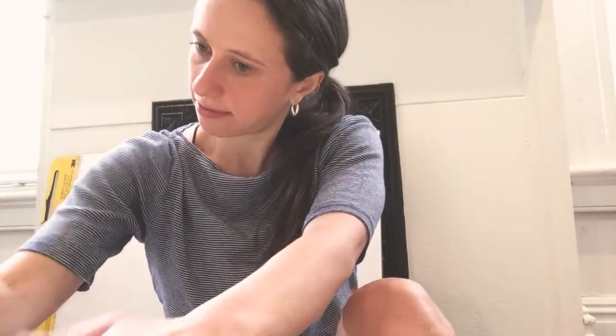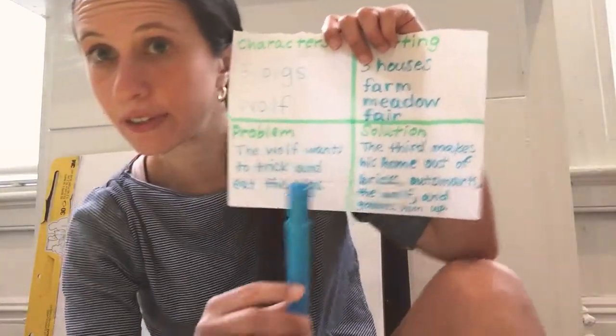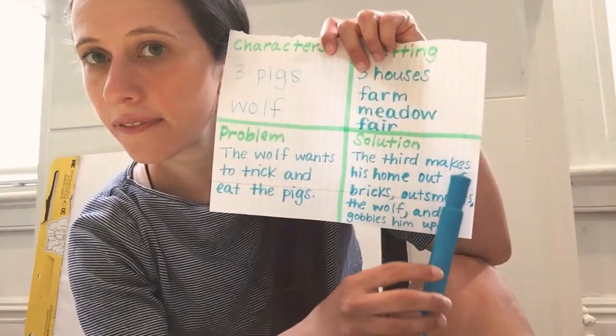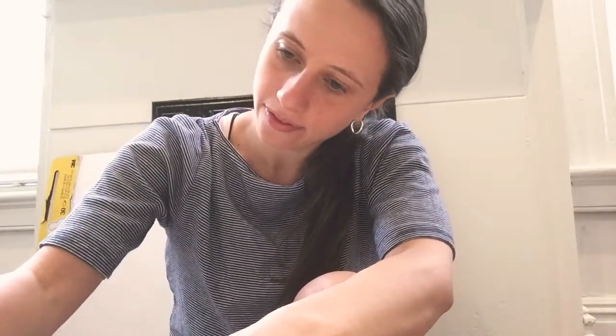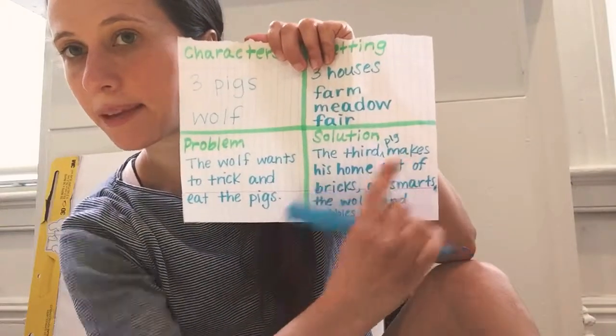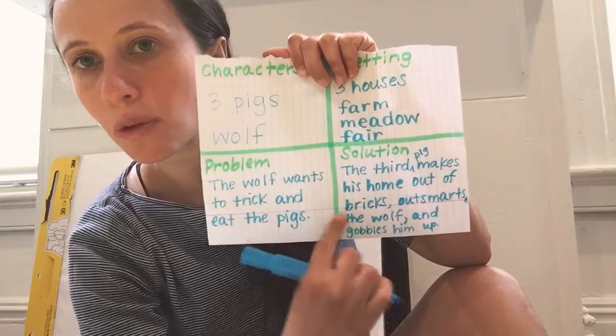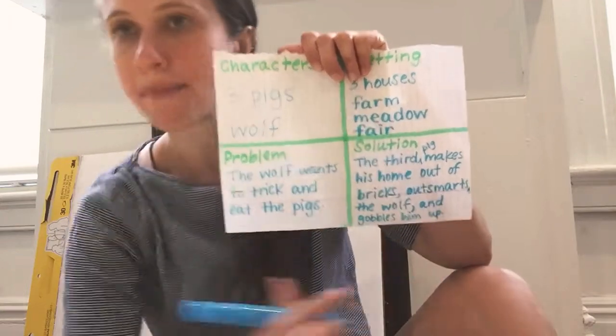Okay. Sorry, this is a little messy. So the solution I wrote is that the third pig makes his home out of bricks, outsmarts the wolf, and gobbles him up.